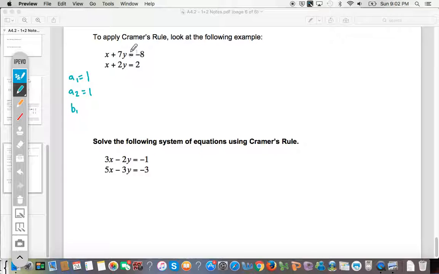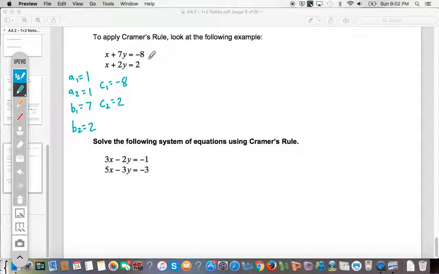B1 is my coefficient right here. It's positive 7. B2 is my coefficient right here. Positive 2. C1 is this value right here, negative 8. And C2 is my last value right here, happens to be 2.